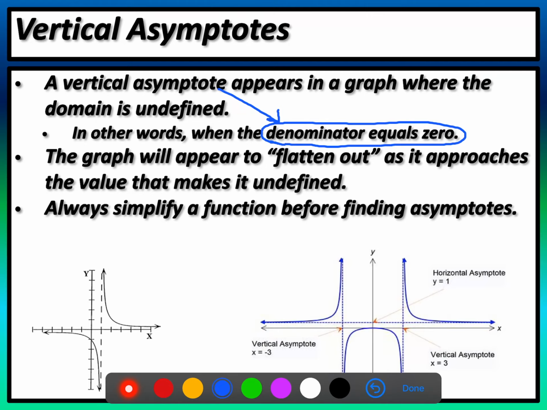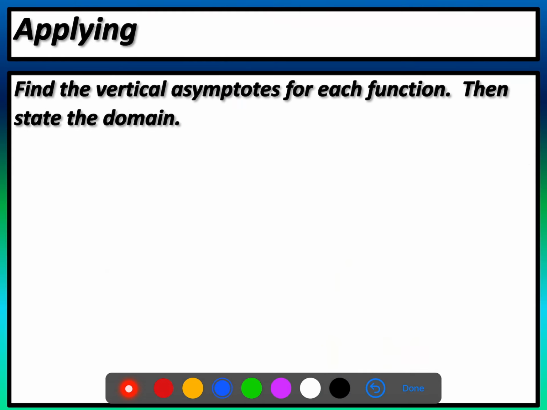We know that the graph will flatten out as it approaches the asymptote. It's going to get very, very close to it, but it's never actually going to cross. In order to find the vertical asymptote, we take whatever expression is in the denominator, set it equal to 0, and that is our equation.